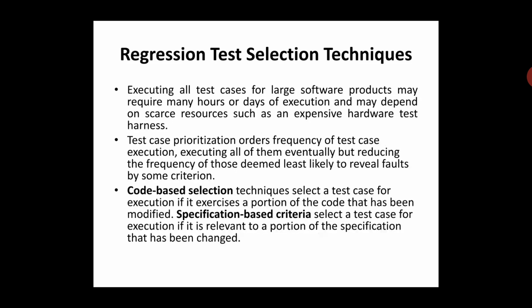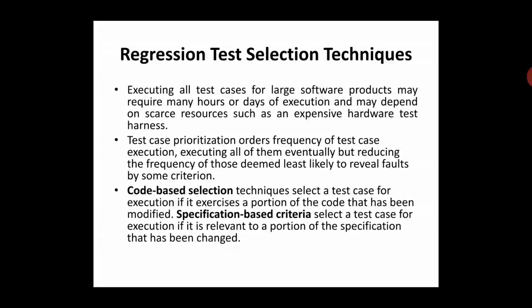The basic idea of why we need different selection techniques for regression testing is that executing all test cases for large software products may require many hours or days of execution, and may depend on scarce resources. If your program code or your product is very large, executing all the test cases for a complete product requires many hours, even many days.